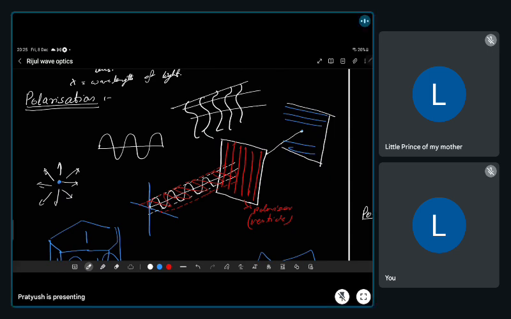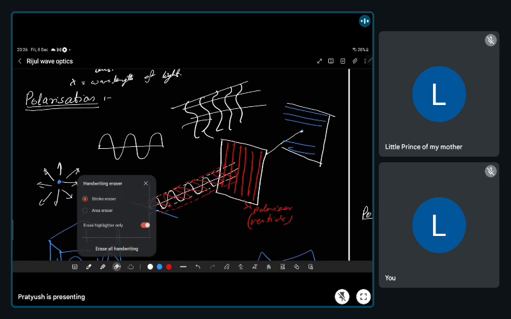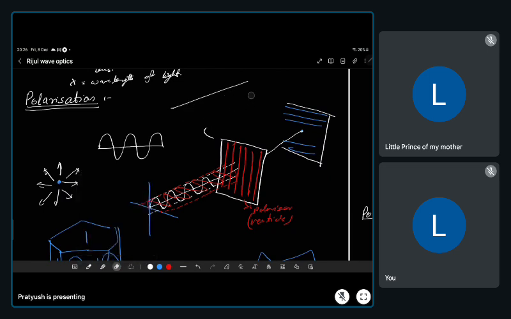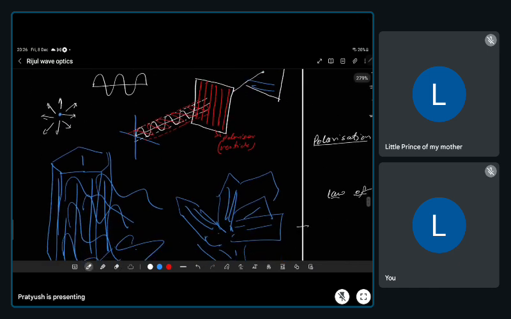So this is plane polarized light. Light rays are vibrating in the same plane. Okay, that is polarization.